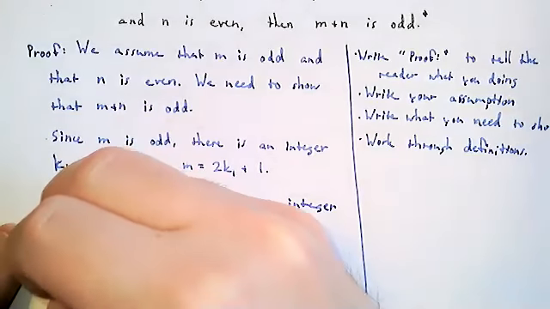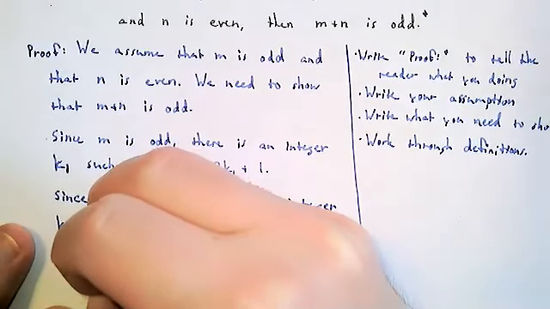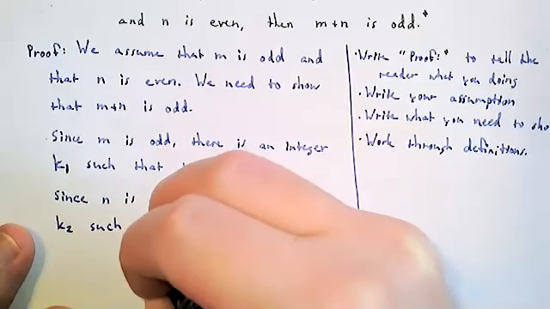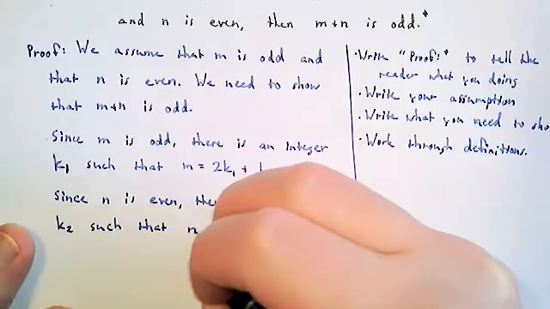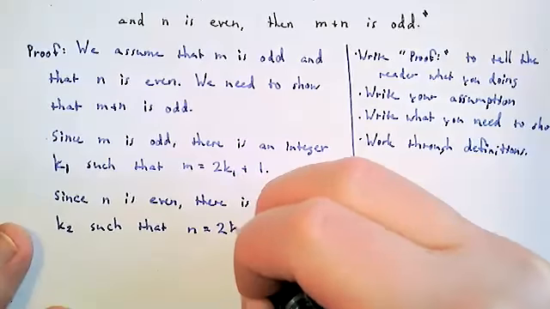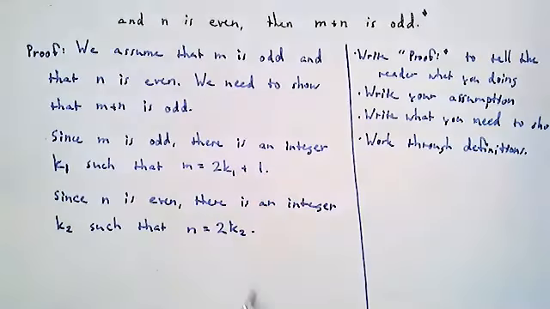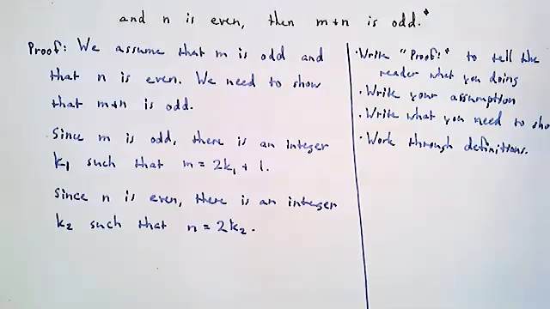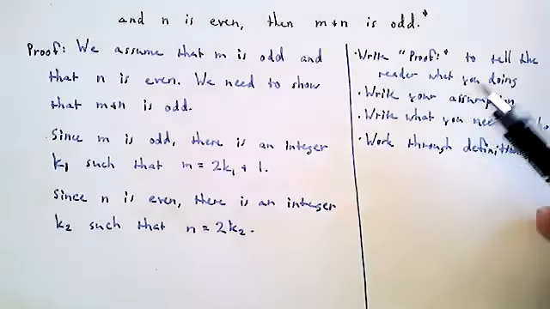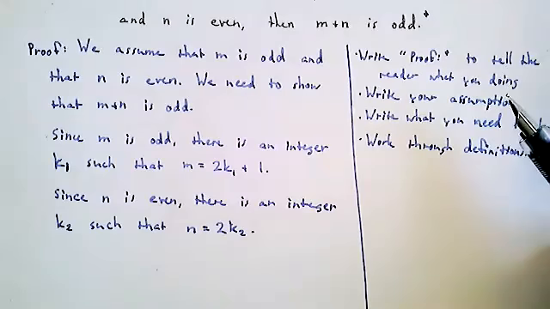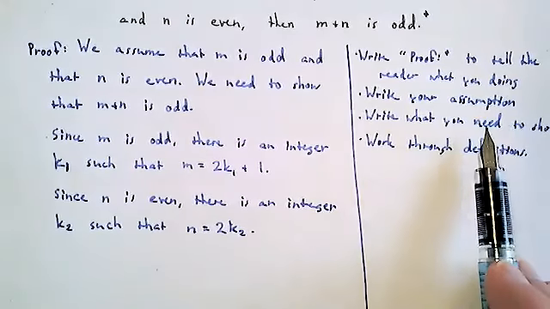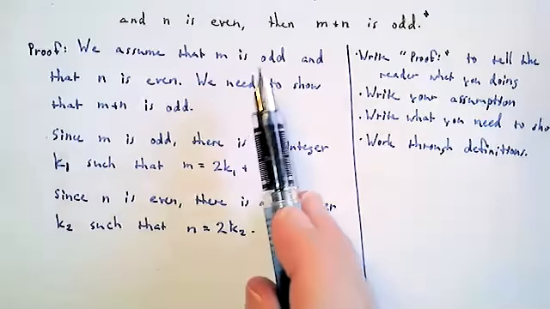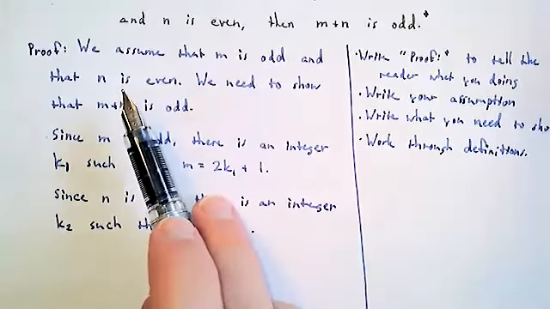So let's call it k2, such that n is equal to 2k2, and then we could just stop there since it's even. Okay. So we wrote out what we're assuming, what we need to show. We worked through both definitions for odd and even.